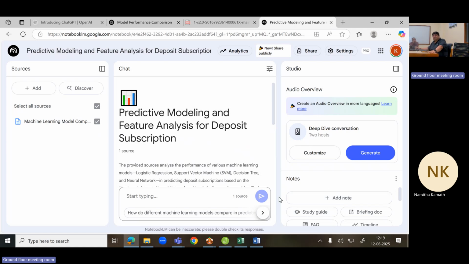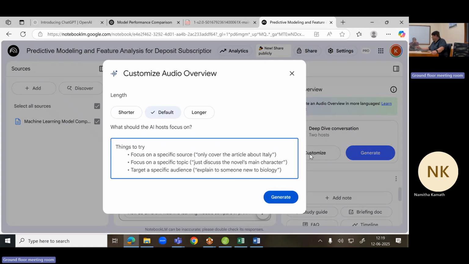And then there is an option in this Deep Dive conversation to customize it here.